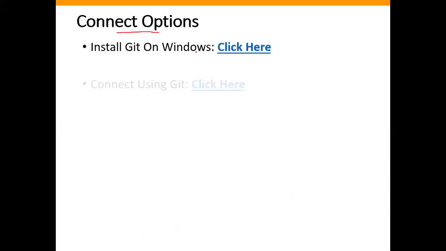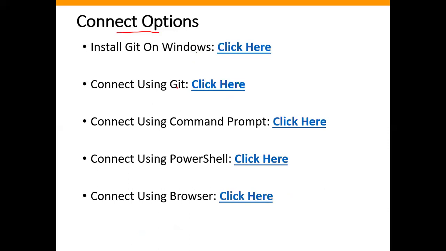Here I have also given some more connect options for Windows, which I'm not going to teach you. I'm giving them for your self-learning. You can connect to your machine using Git. First of all, you need to know how to install Git on your Windows machine. You can learn from here. And you can learn here how to connect to your Linux EC2 machine using Git.